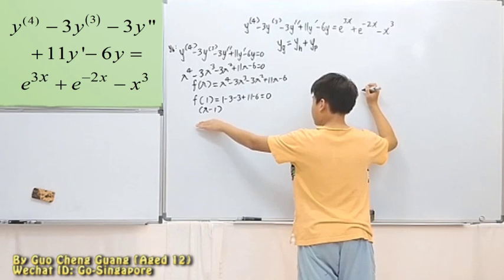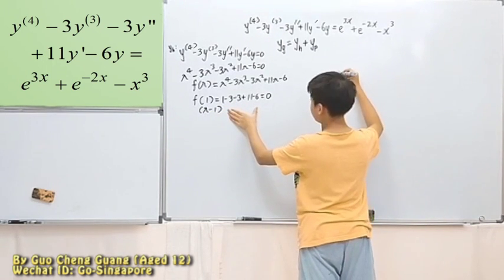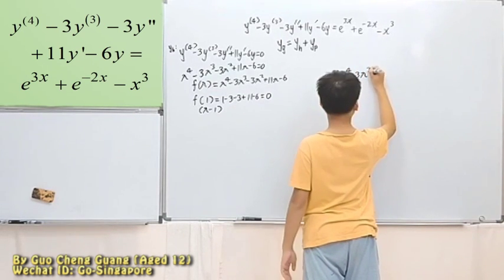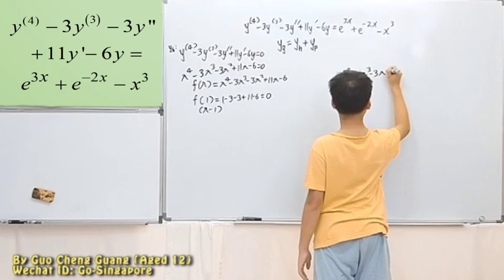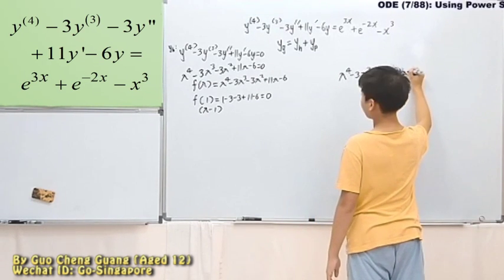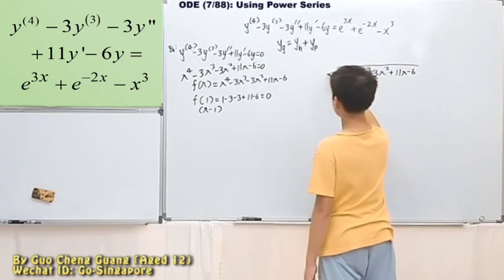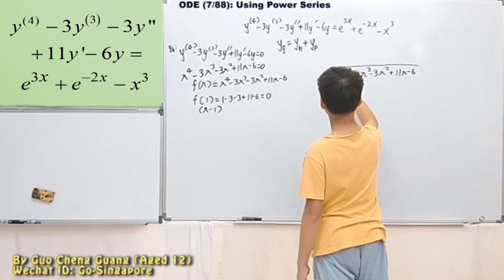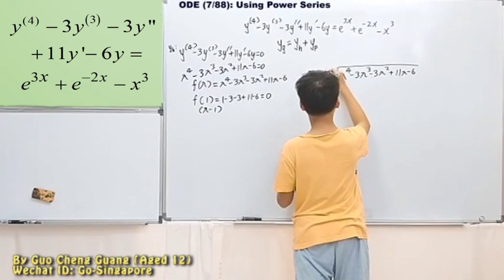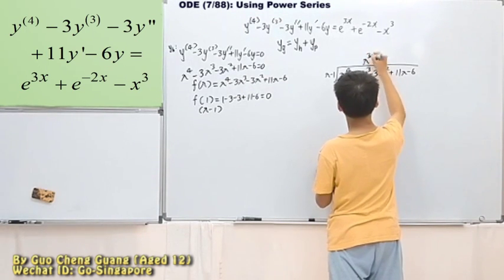From this part, you want to find the other factor, so you're going to use long division.